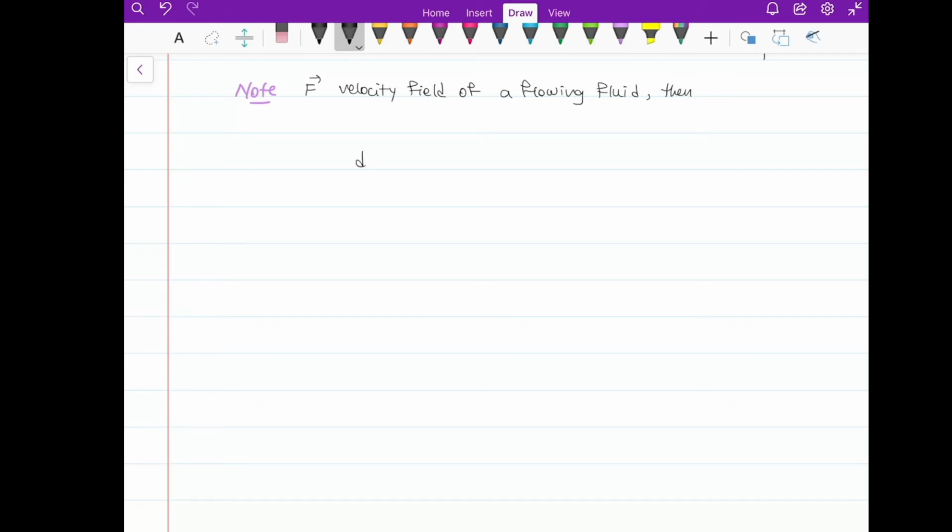Then the divergence of the velocity field would be the volumetric dilatation rate of a fluid particle.